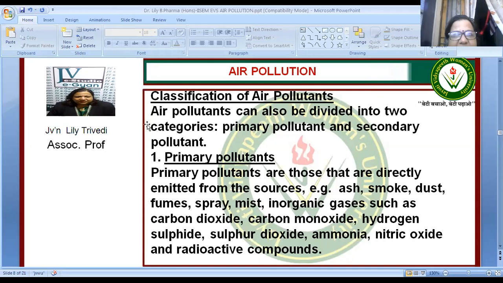Now we classify air pollution into two categories, the primary pollutants and the secondary pollutants. The primary pollutants are those which are directly emitted from the source. For example, smoke, ash, dust, fumes, inorganic gases, carbon dioxide, carbon monoxide, hydrogen sulfide, sulfur dioxide, ammonia, nitric oxide, and radioactive compounds.